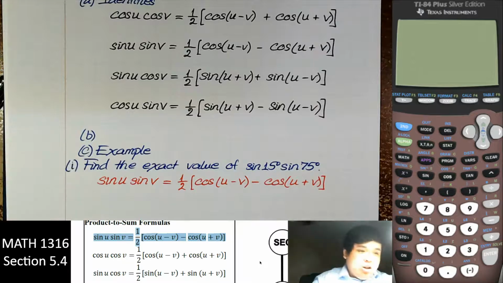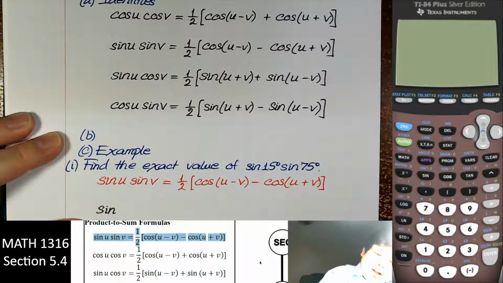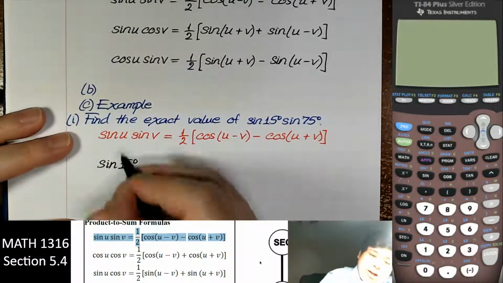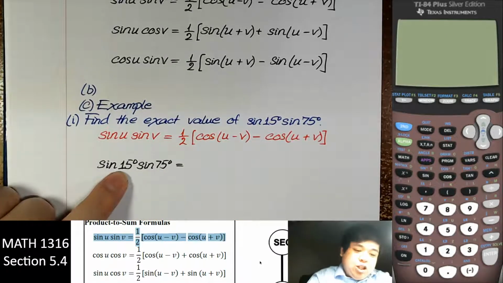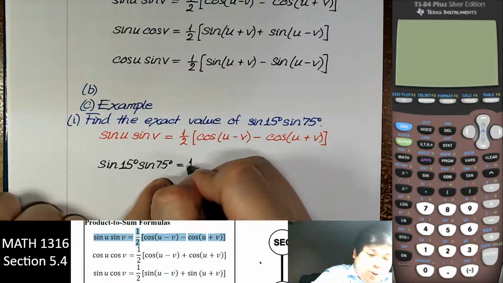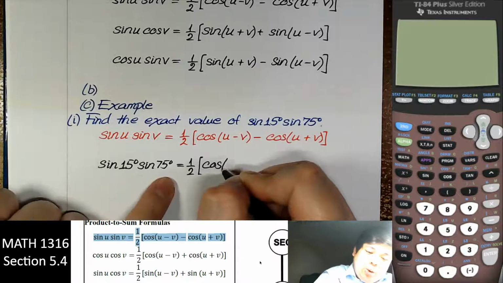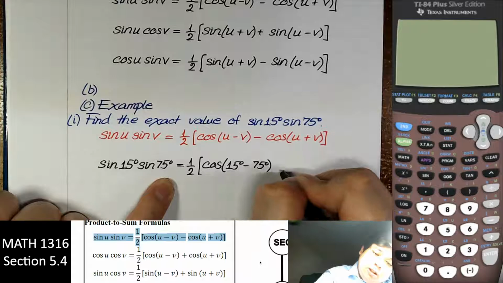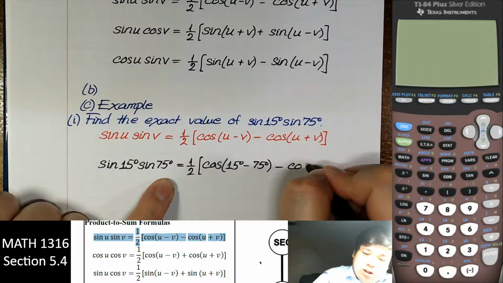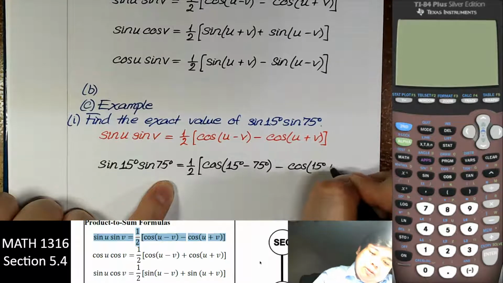So applying the formulas, put in the numbers. Sine of 15 degrees and sine of 75 degrees. So that is u and that is v. So 1/2 cosine of u minus v minus cosine of u plus v.